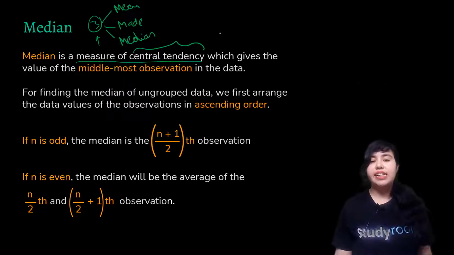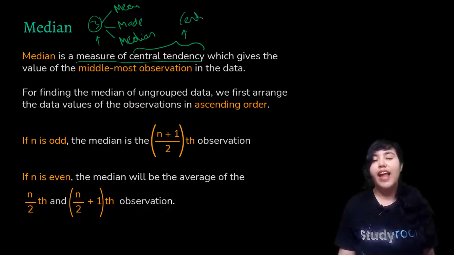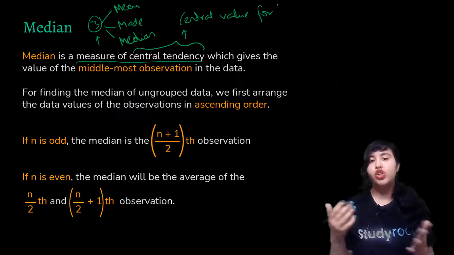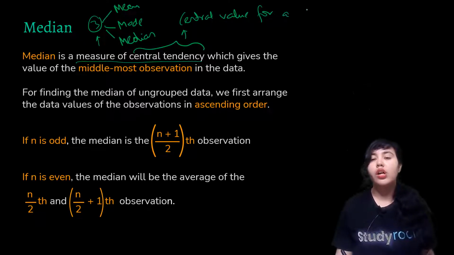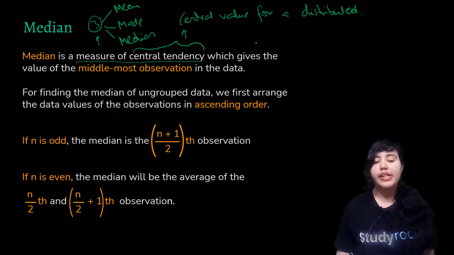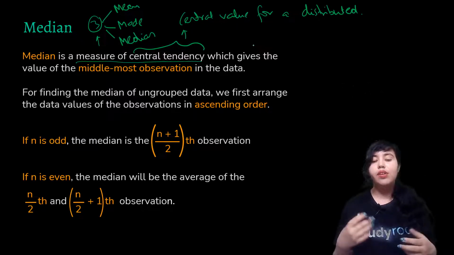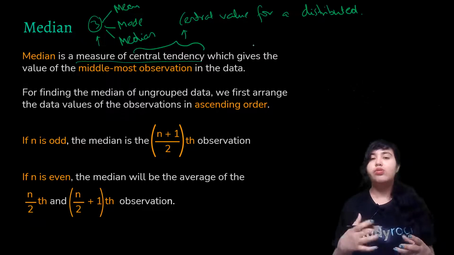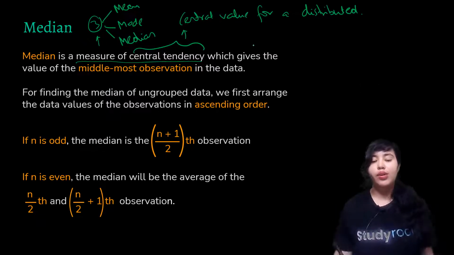Central tendency means the central value for a distribution. We've seen frequency distribution so far. The way you've distributed your data according to frequencies or whichever parameter, the central value for that is your central tendency. By measure of central tendency, we mean that we are measuring a single value which will describe your data set by identifying the central position within that set.